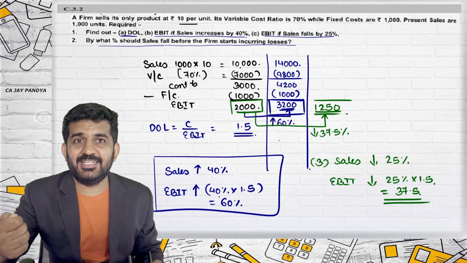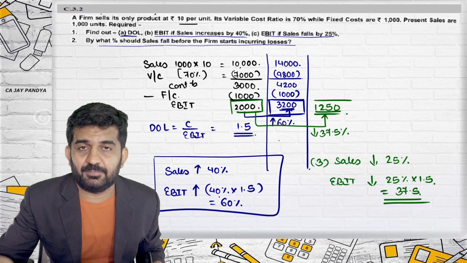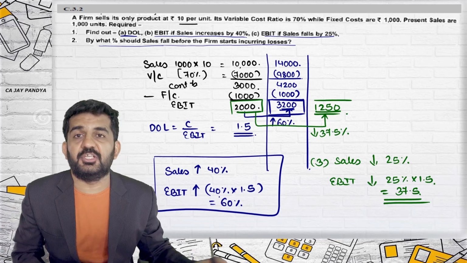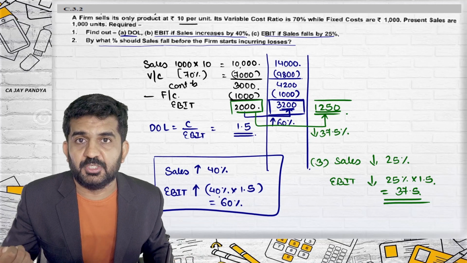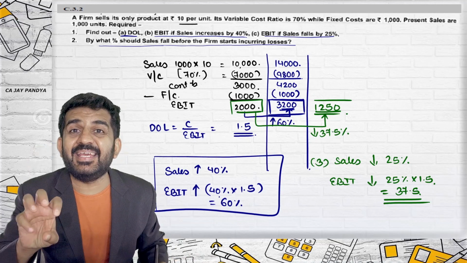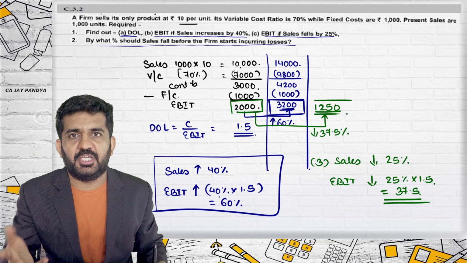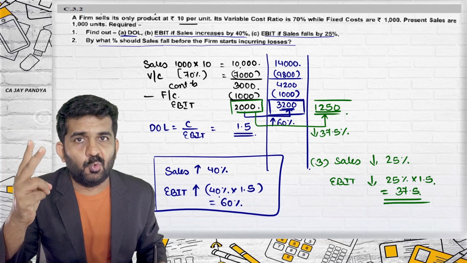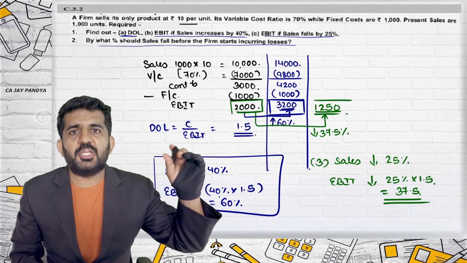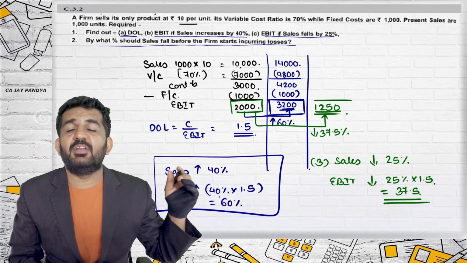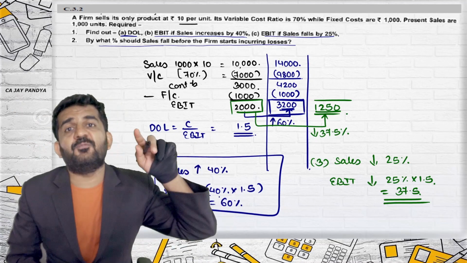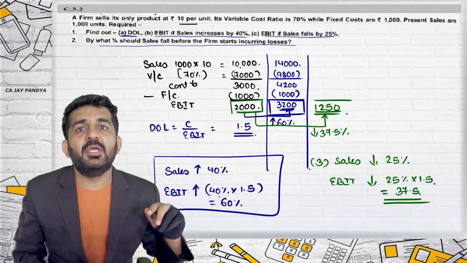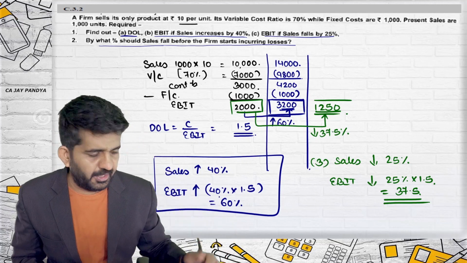If the sales decreases by 25%, EBIT will decrease by 37.5%. This is the meaning of degree of operating leverage. If degree of operating leverage is 2, what does it mean? If contribution increases 1 time, EBIT will increase 2 times. That is, if sales increases 1 time, EBIT will increase 2 times.